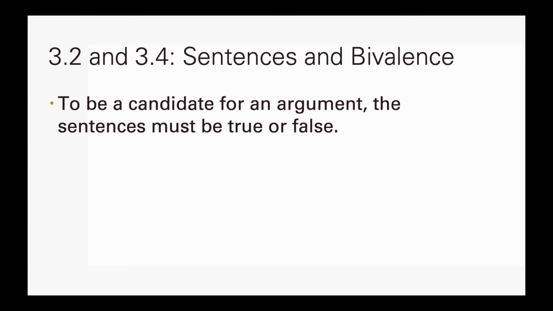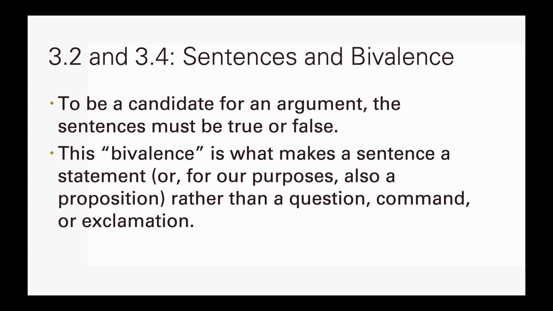In other words, the sentence has to be either true or false in order to be a candidate for an argument element. That is, to serve as a premise or a conclusion. So this bivalence is what makes a sentence a statement rather than, say, a question, command, or exclamation.